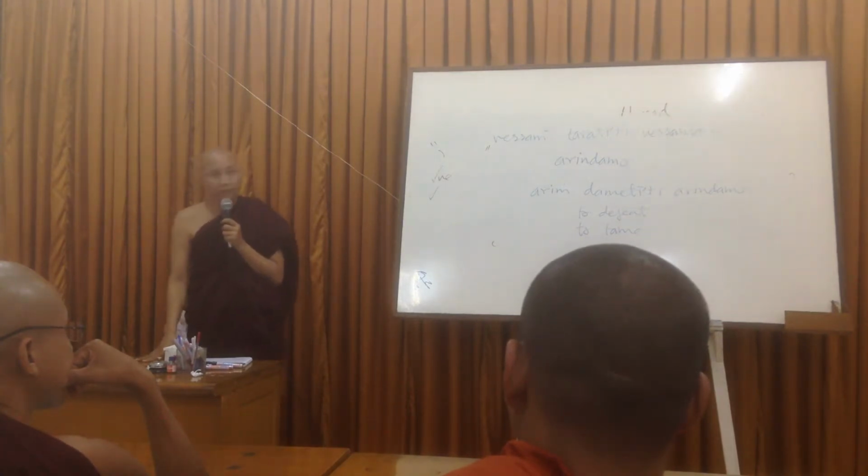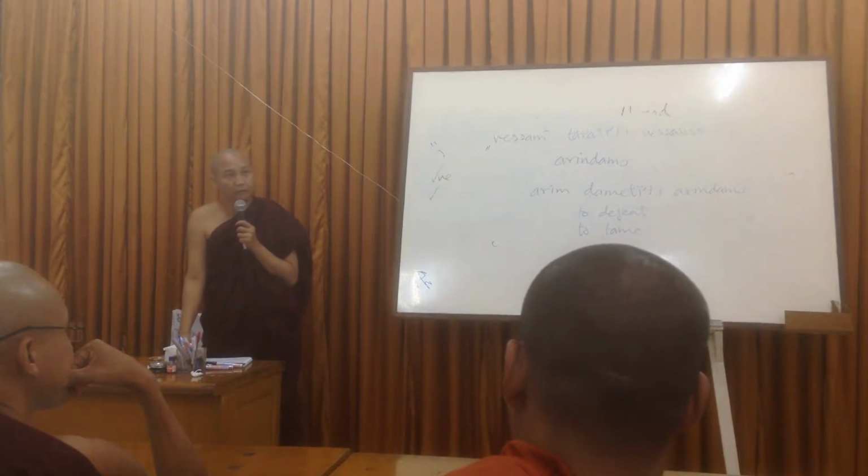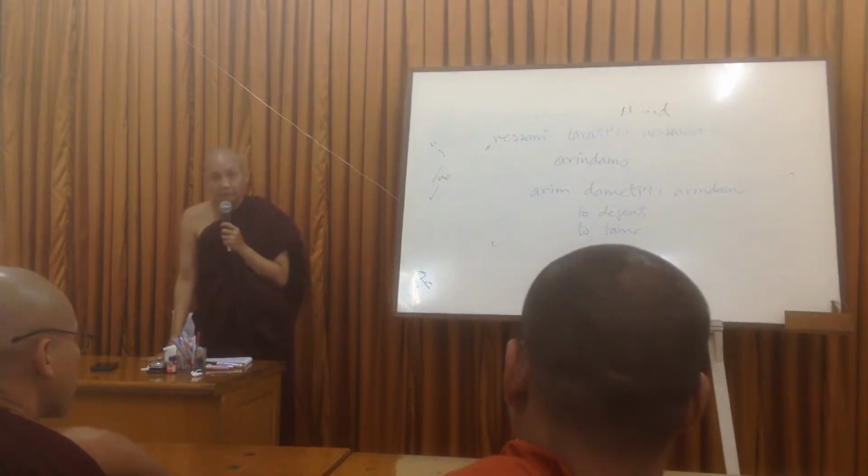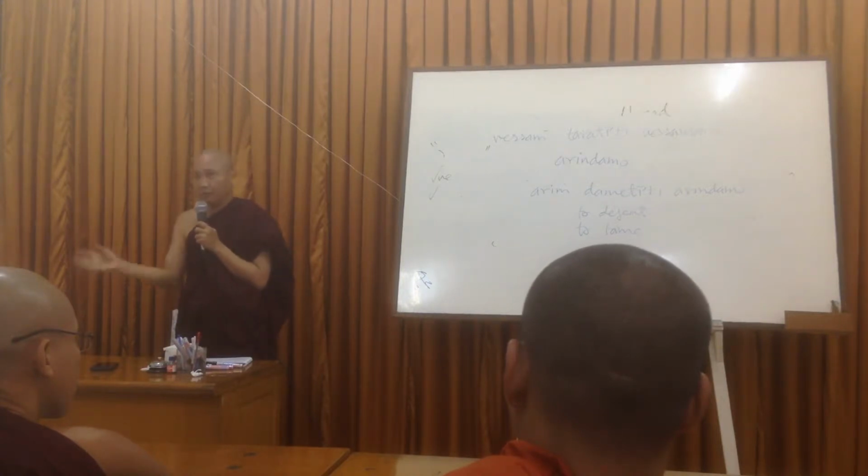In that life, he offered his children to a Brahmin, because this Brahmin was very poor. At the same time, he had married a very young wife. His young wife always complained, we don't have any slaves or servants.